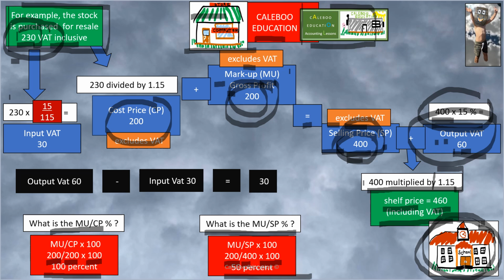So there are two ways to calculate your markup. You can have a markup on cost price or a markup on selling price. I'm going to do a number of calculations shortly, but this is just a little introduction to markup on cost price and markup on selling price.